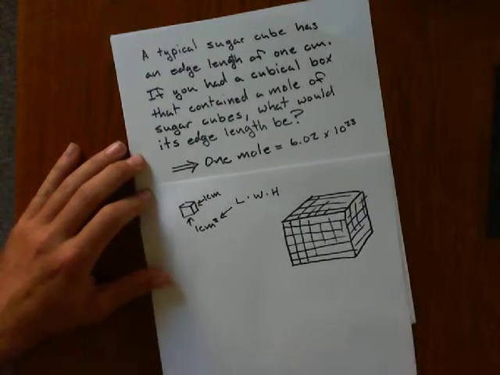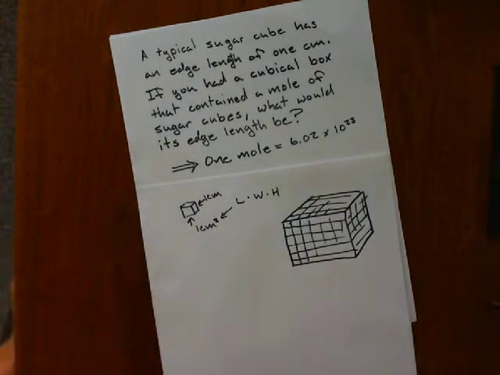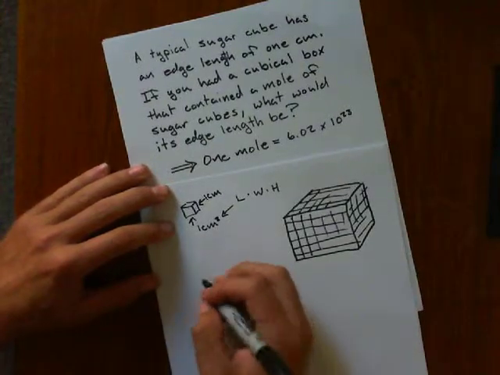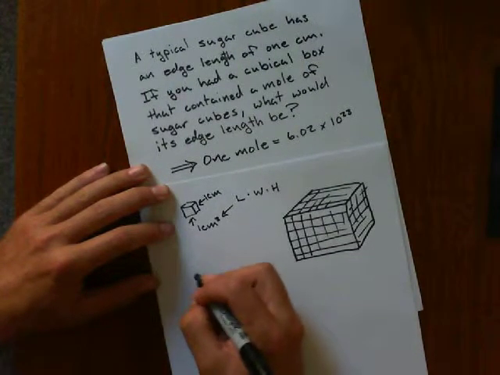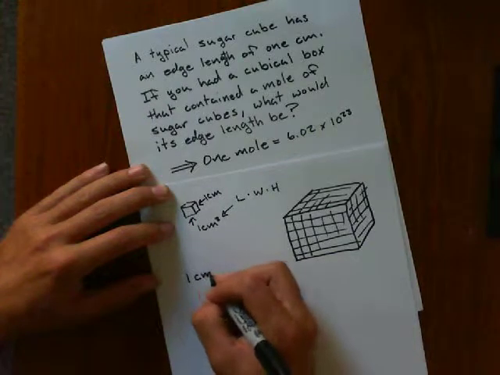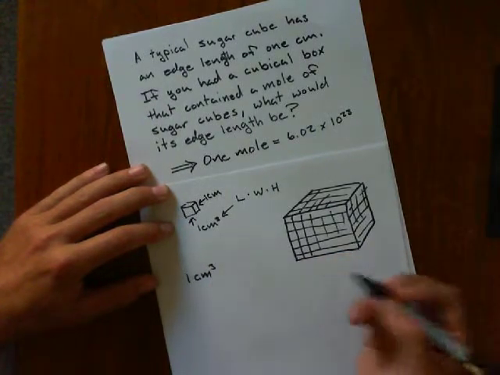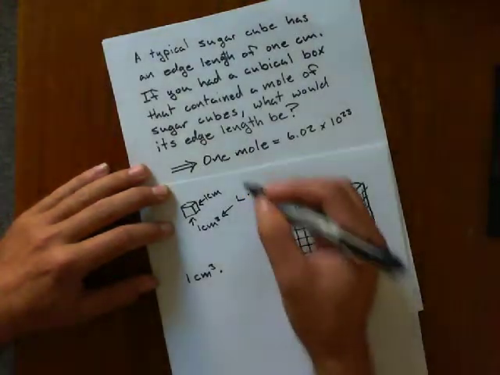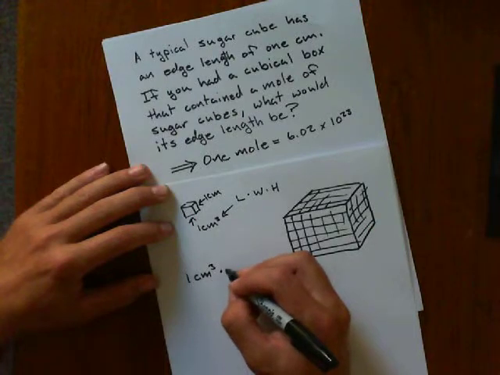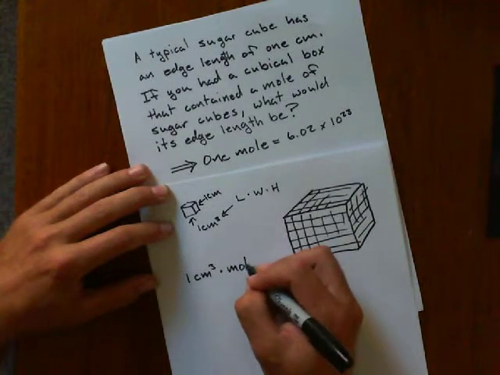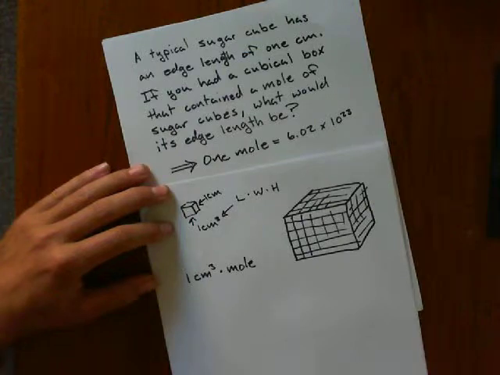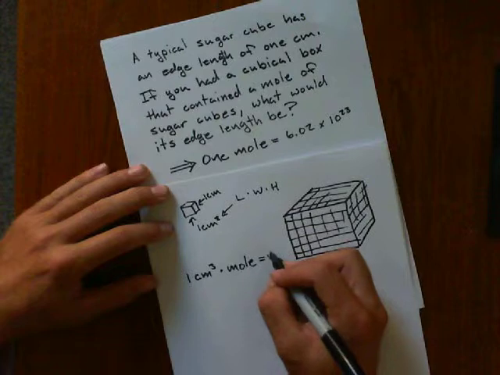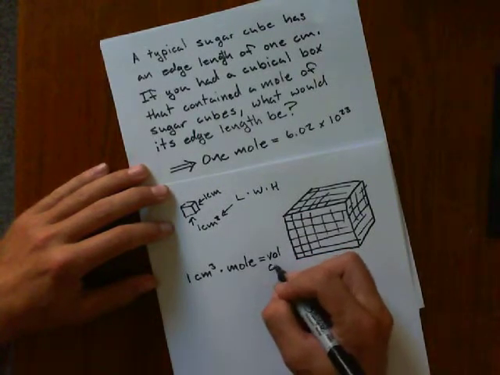So now the way I had to think about this is that we have this many cubes, which are 1 centimeter cubed, and we have that times our molar amount, so we'll say mole for now, and then that's going to equal the volume of cubes.